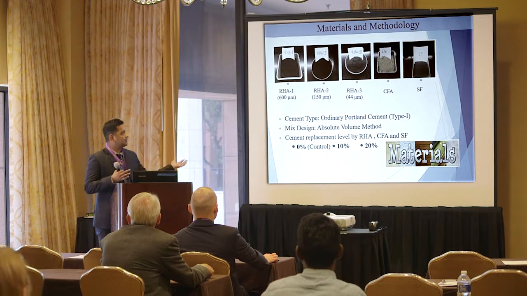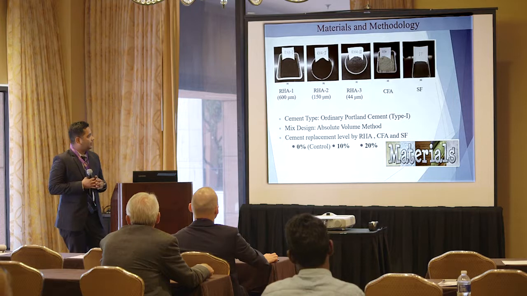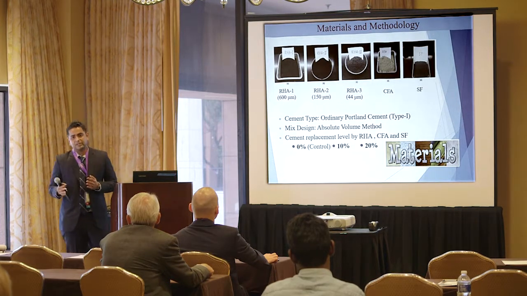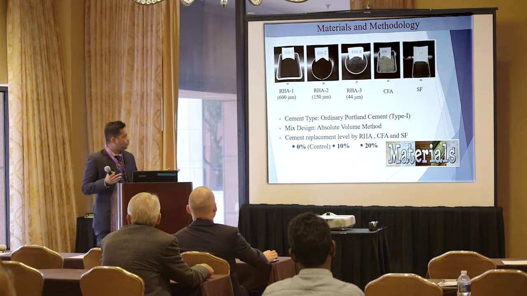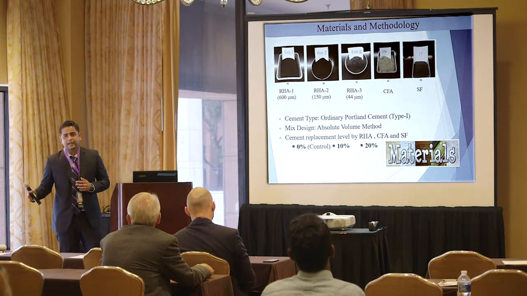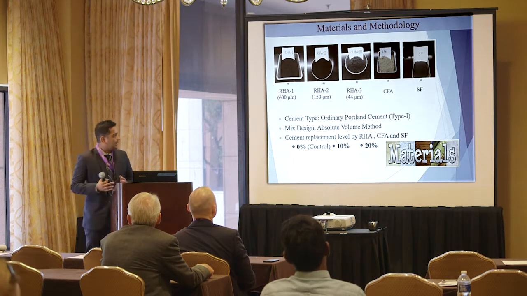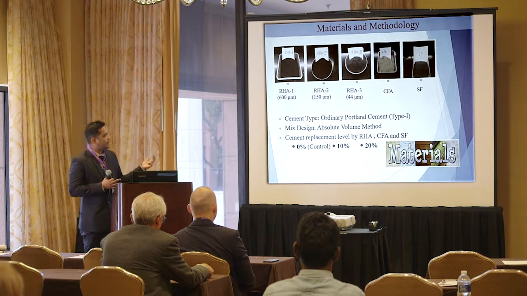These are the materials I have worked with. As the cementitious material, I used ordinary Portland cement, which is Type I, and we followed the absolute volume method for the mix design of this modified concrete. As you can see, there are 3 types of RHA.